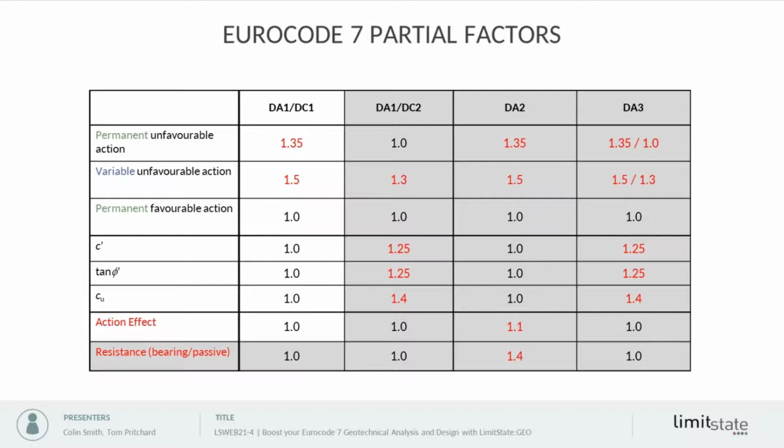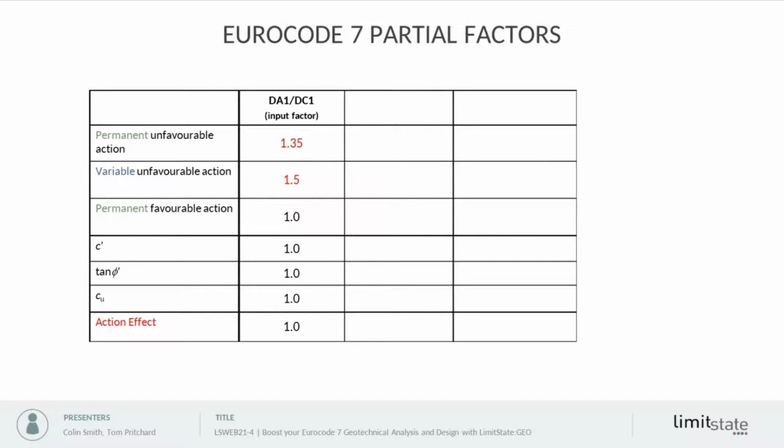Now, one variant of this type of factoring that is being used with the current Eurocode, and is going to be made much clearer in the next version, is what's called a star approach. And we'll just see how we get to that. So if we're adopting an input factoring approach here, where we factor up actions before our analysis, if we divide those initial actions by 1.35 and then multiply our final output by 1.35, we will get broadly the same effect, although this is strictly only true for linear systems.